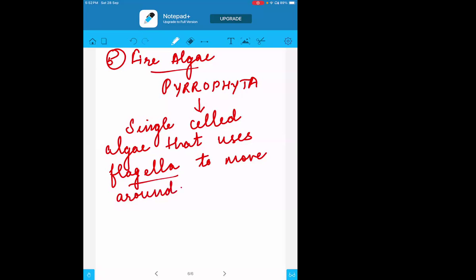You are correct, but you should not say it is just like pseudopodia. You should say it is a locomotory organ. It means with the help of this flagella, that particular algae will be able to move.